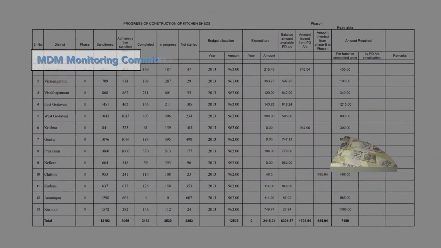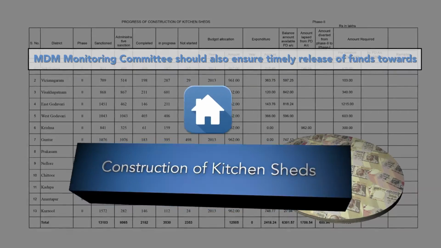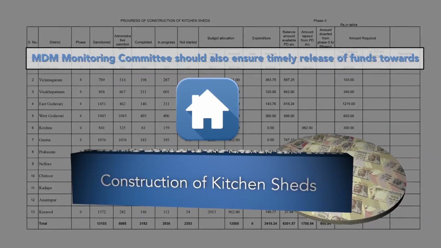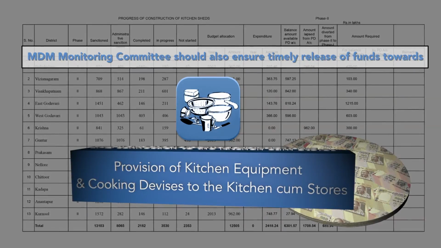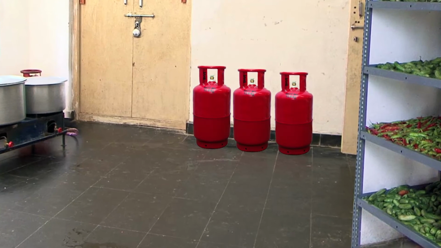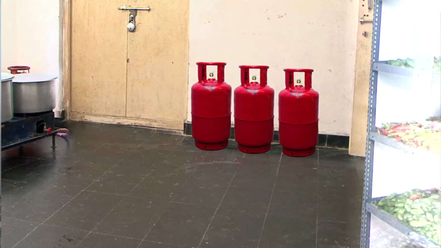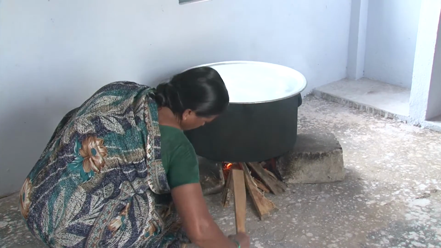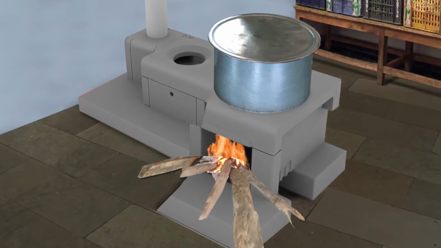The committee should also ensure timely release of funds towards construction of kitchen sheds, provision of kitchen equipment and cooking devices to the kitchen stores. Efforts should be made for providing LPG connection to the kitchen stores. Wherever LPG connection is not available, smokeless chulhas should be provided for hygienic preparation of MDM.